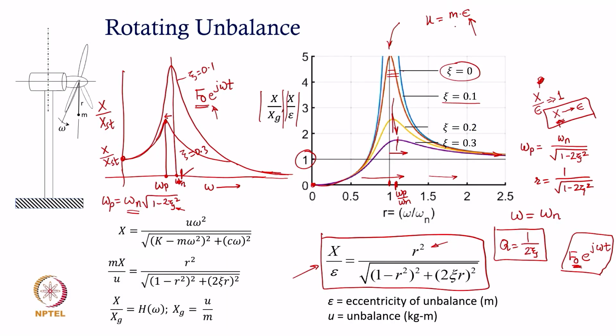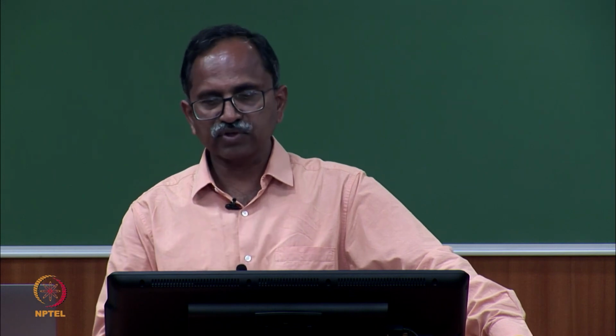Therefore, the physical balancing method will try to minimize epsilon to a very small value, which eventually leads to a reduced amplitude of vibration, as expected here. So, practically, reducing unbalanced eccentricity reduces the response.